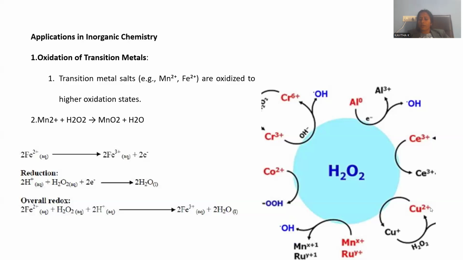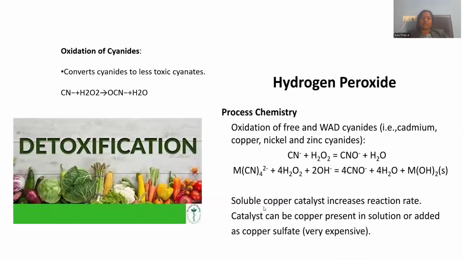Copper plus 2 is there, copper plus 1 is formed. So copper plus 2 to copper plus 1 is called reduction, and upon treating with H2O2, copper plus 1 is turned into copper plus 2, this is called oxidation. Manganese, here we have plus 2 and that turned into plus 4, so manganese oxidation is carried out. Cobalt plus 2 turned into cobalt plus 3. So this is the way hydrogen peroxide has sufficient oxidizing property for these transition metals.